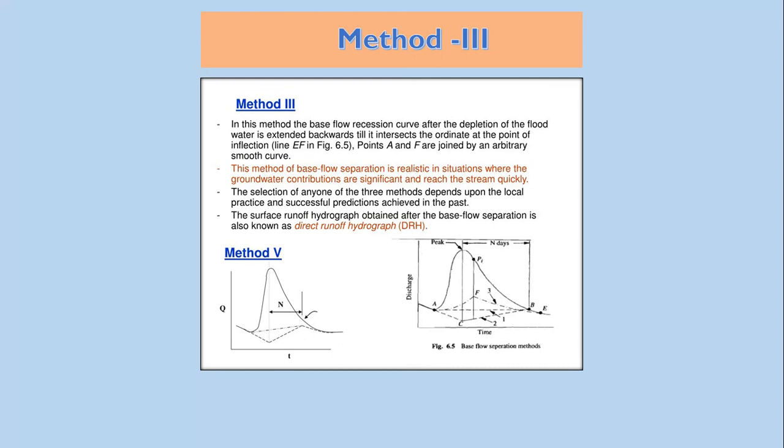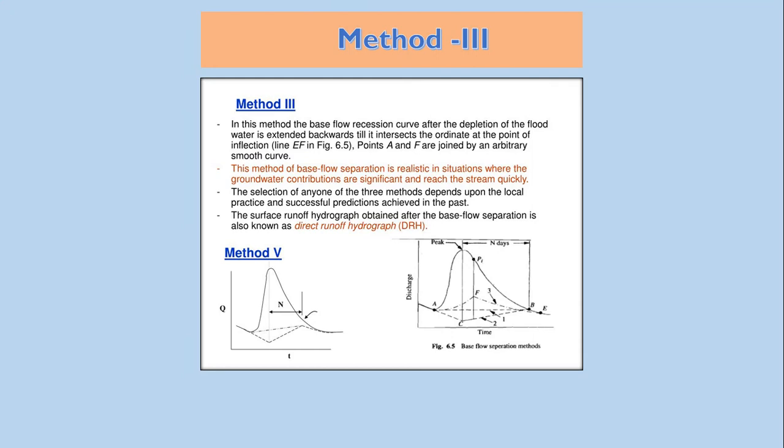In the previous 2 methods we considered the ordinate at the peak, but here we have to consider the ordinate at the point of inflection. Let this point be F. Point A and F are joined by an arbitrary smooth curve.